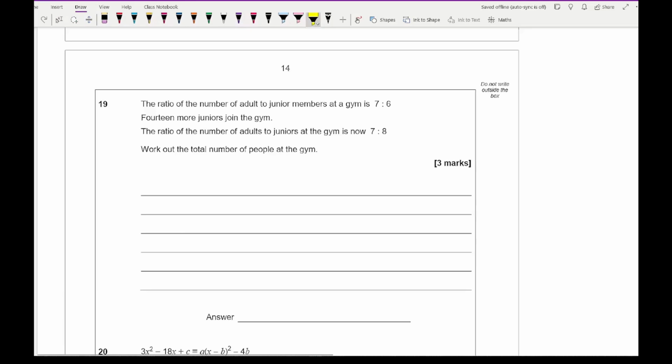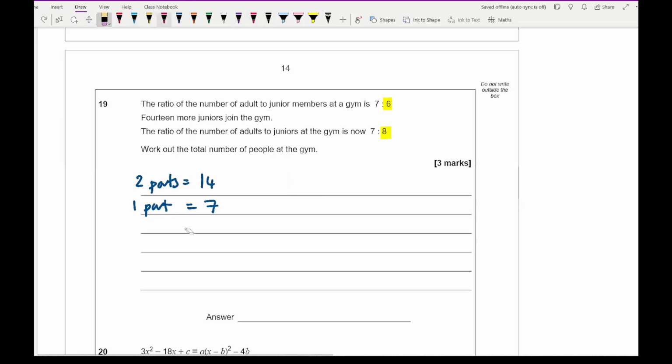So looking at this, if we compare the difference, so we know that the difference is 6 to 8. So that means that there's 2 parts equals 14 people. So that means then that 1 part is going to equal 7. So then here we've got seniors, or adults it says, not seniors.